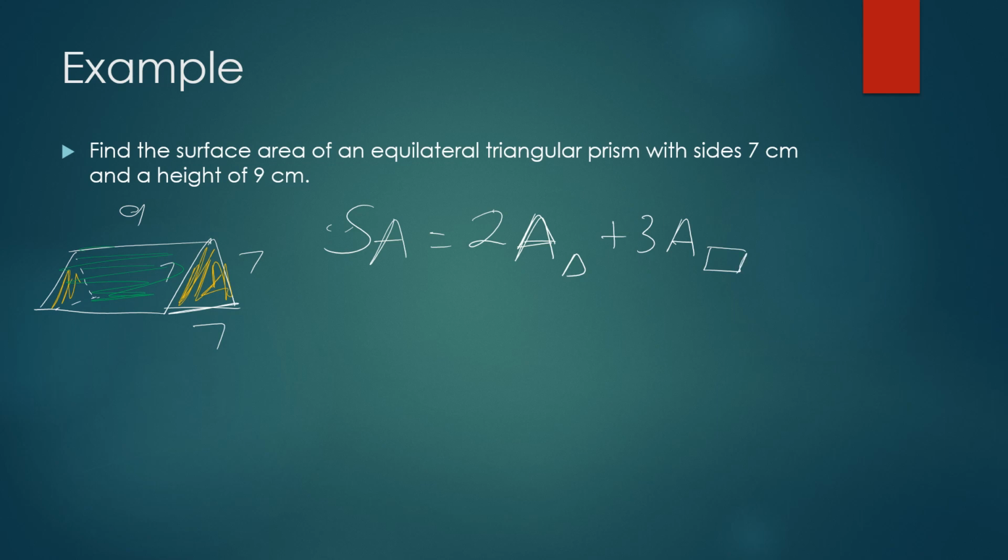Now, of course, our formula sheet says the surface area is going to be 2 times 1/2 base times height, where 1/2 base times height is the area of the triangle, plus 3 times length times width, which is the dimensions of the rectangles.